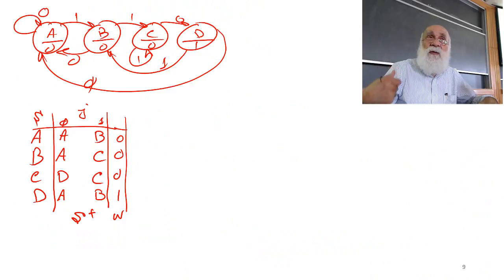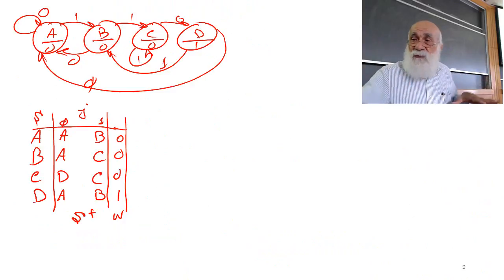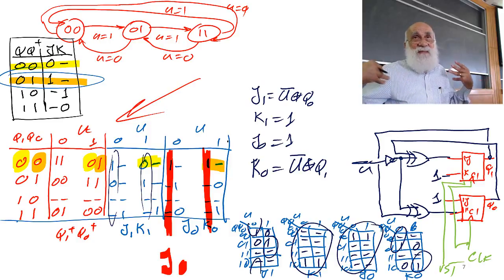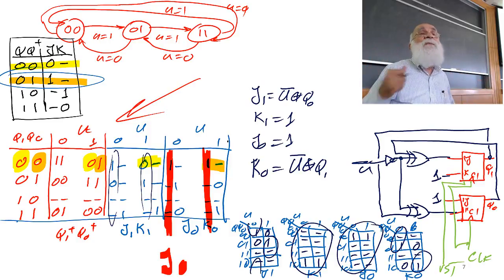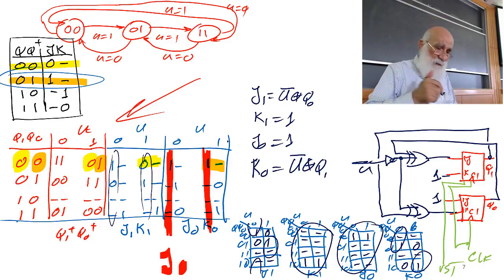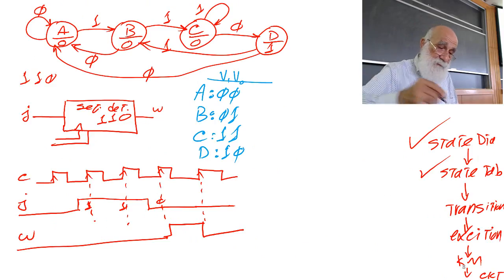So what I'm going to do is turn this table into something like this by replacing A, B, C, D with some bit patterns. I have 4 states. I need 2 bits to represent each one of them uniquely. So I make what is called my state assignment.